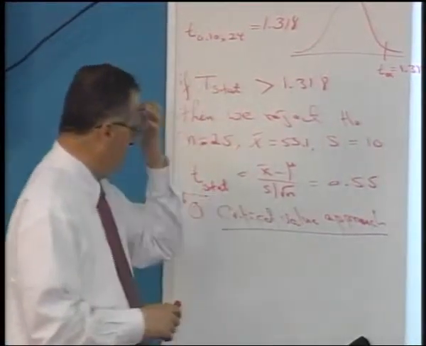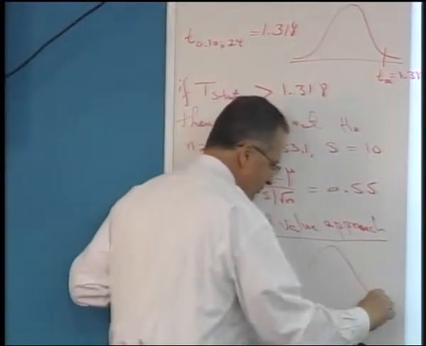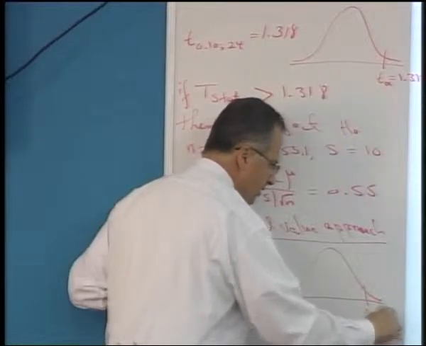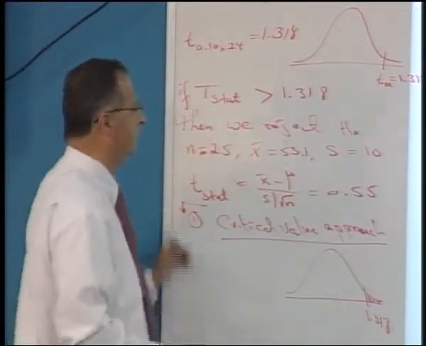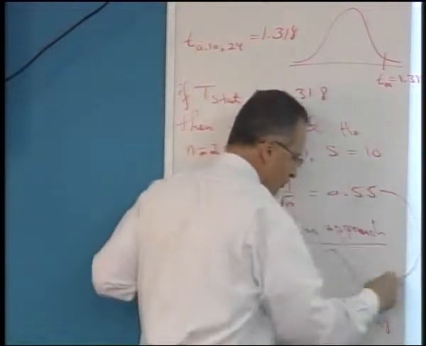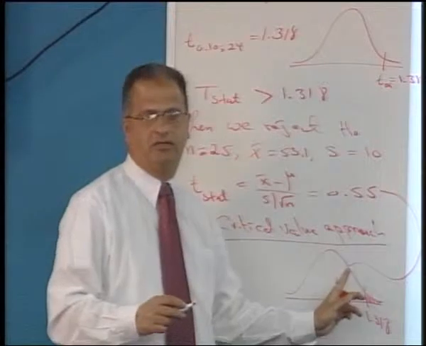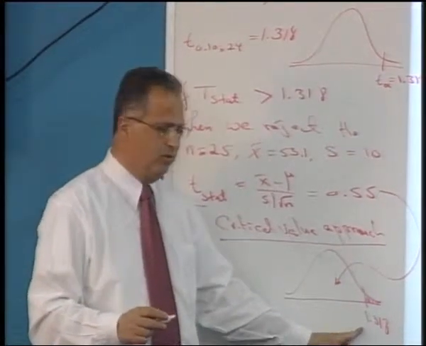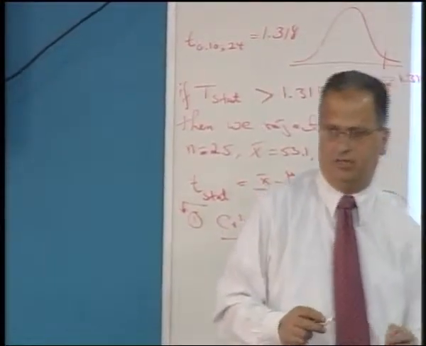So let's see now. For the critical value approach, one more time, your critical value is 1.318. Now, does this value fall in the rejection or non-rejection region? This value is smaller than 1.318, so it falls in the non-rejection region.